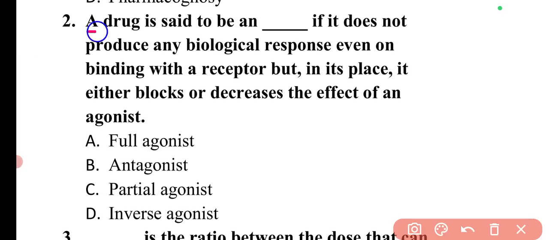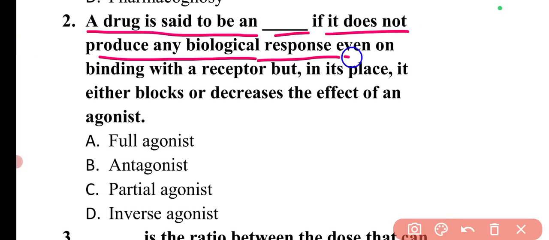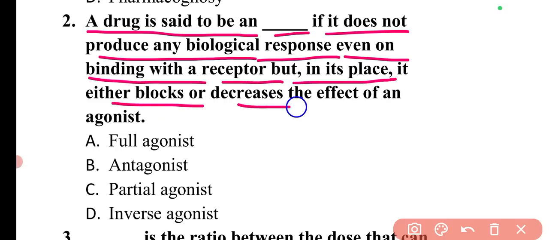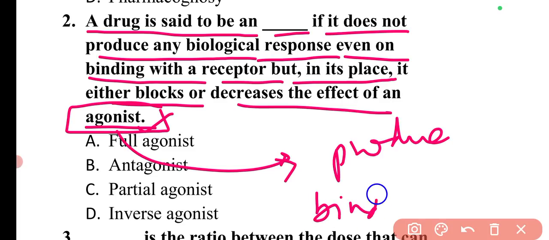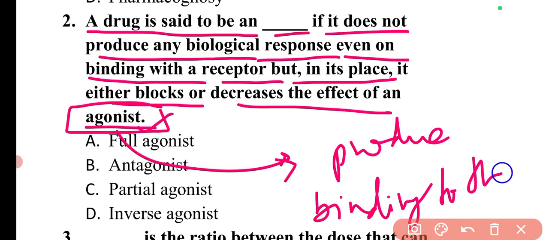Then the next question is, a drug is said to be a dash if it does not produce any biological response even on binding with the receptor, and in its place it either blocks or decreases the effect of an agonist. So what is an agonist? An agonist is a molecule which produces some response after binding to the receptor. Now there is another molecule which can bind with the receptor but will not produce any response.